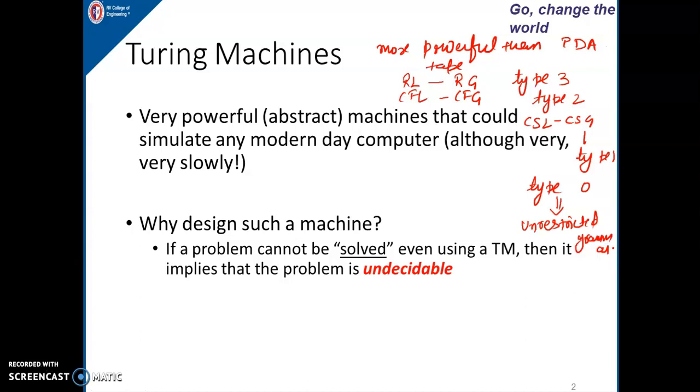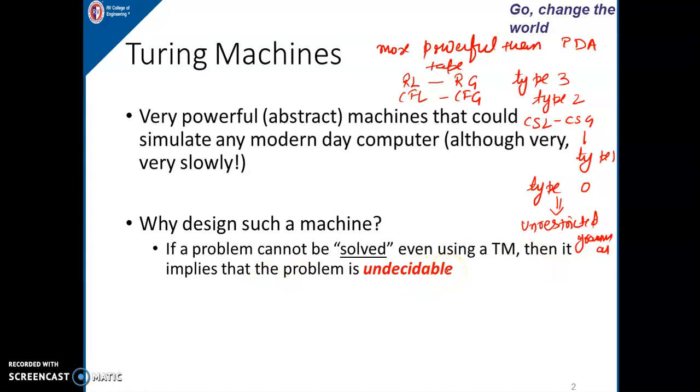Okay, so the same thing is explained here, a very powerful, or we can say abstract machine that could simulate any modern day computer. So Turing machine, why to design such machine? There are some problems which cannot be solved even using a Turing machine. Then it implies that the problem is undecidable.